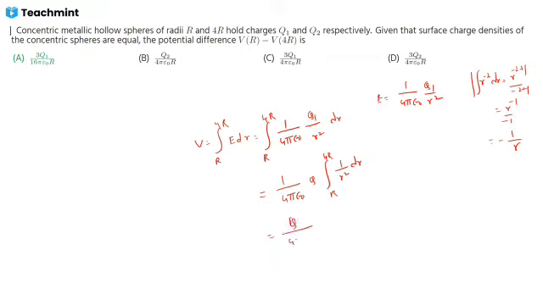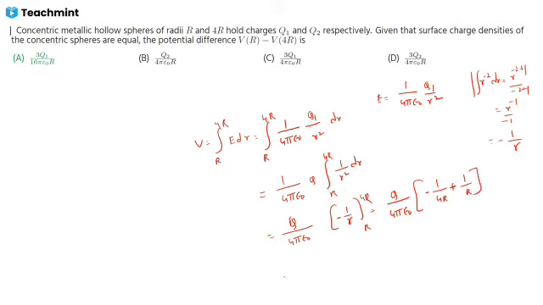So we can write this as q divided by 4 pi epsilon naught into minus 1 by r between the limits r to 4r, that is equal to q divided by 4 pi epsilon naught into minus 1 by 4r plus 1 by r.